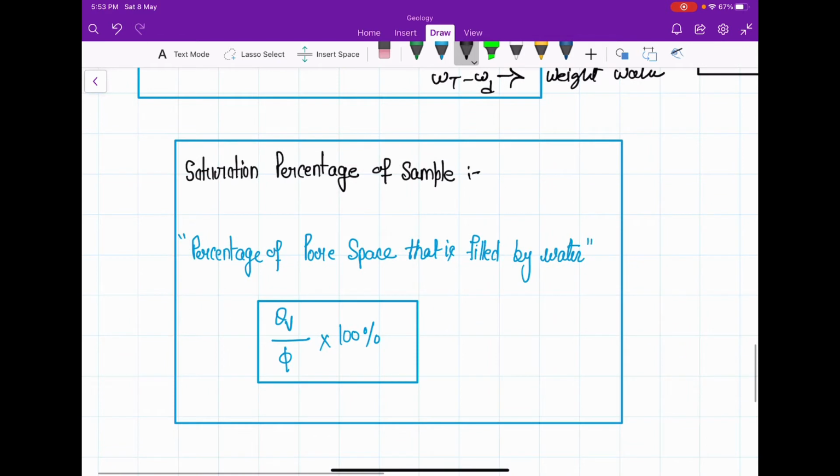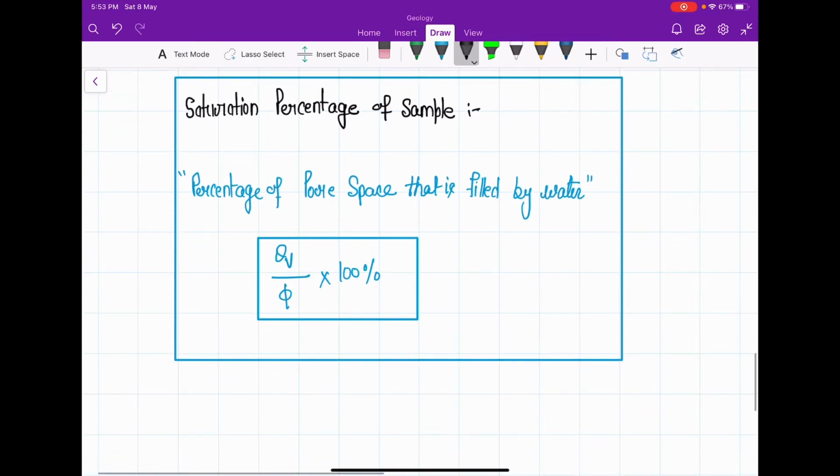Next is the saturation percentage of the sample. The saturation percentage of a sample is defined as the percentage of pore space that is filled by water. How much of the pore space is filled by water, in terms of percentage, is known as the saturation percentage of the sample.